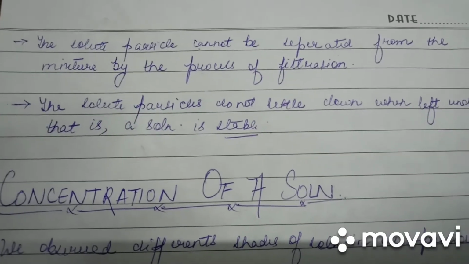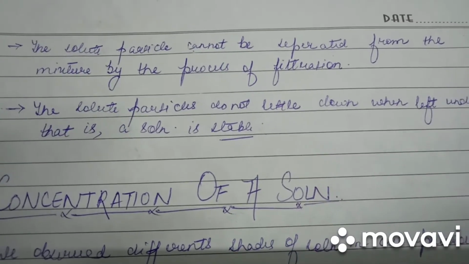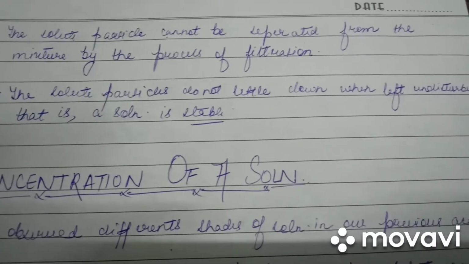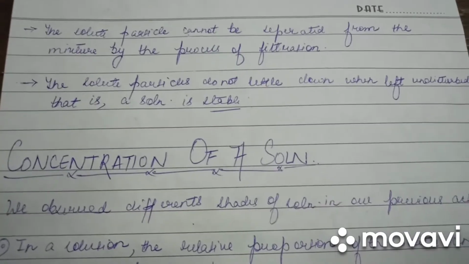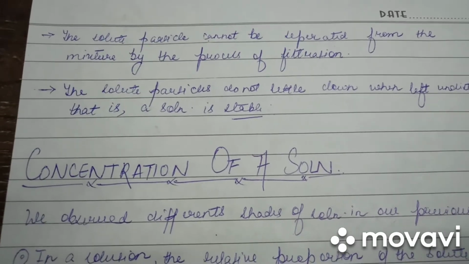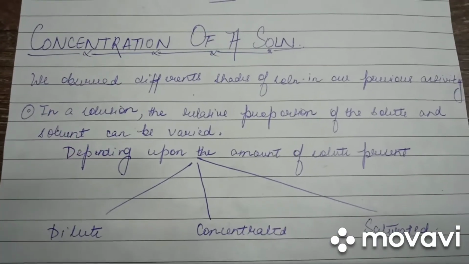Also, when we performed the filtration process, we were not able to obtain the solute particles. The solute particles do not settle down when left undisturbed, that is, solution is stable. Therefore, from the previously discussed activity, the mixture of copper sulfate and water gives us a solution.